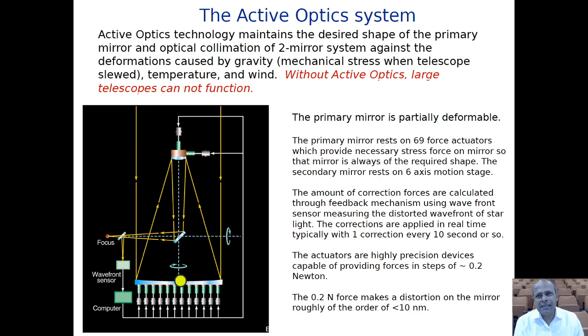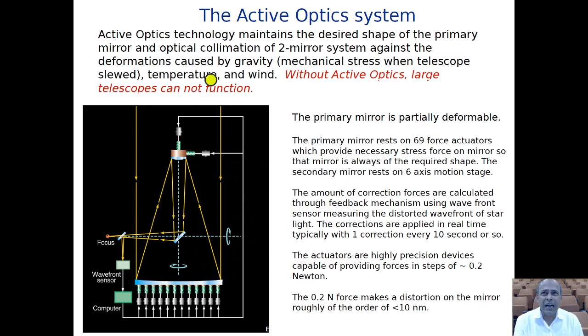When light falls on this, it goes to the secondary and comes back. We collect this light by introducing a mirror in between, to a wavefront sensor. The wavefront sensor analyzes that light and passes it to the computer, which finds a correction and gives feedback to the actuators mounted at the back of the primary mirror, and also to the secondary mirror adjustments. This is how the active loop works.